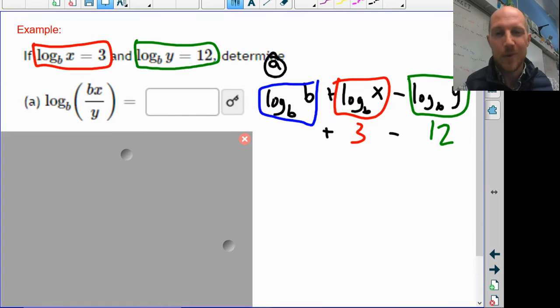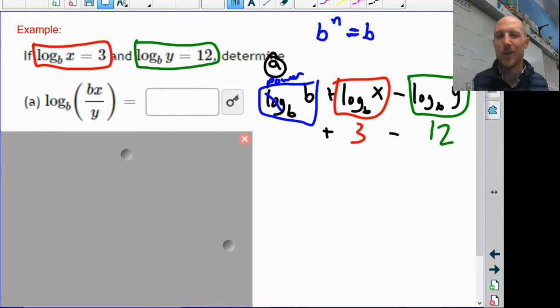We know this. I mean, it doesn't seem like we know it, but actually we do. So remember, every time we see the word log, it means power, right? What power would we have to put on this little b to get an answer of b? We could write this over here. b raised to some power needs to give us an answer of b.